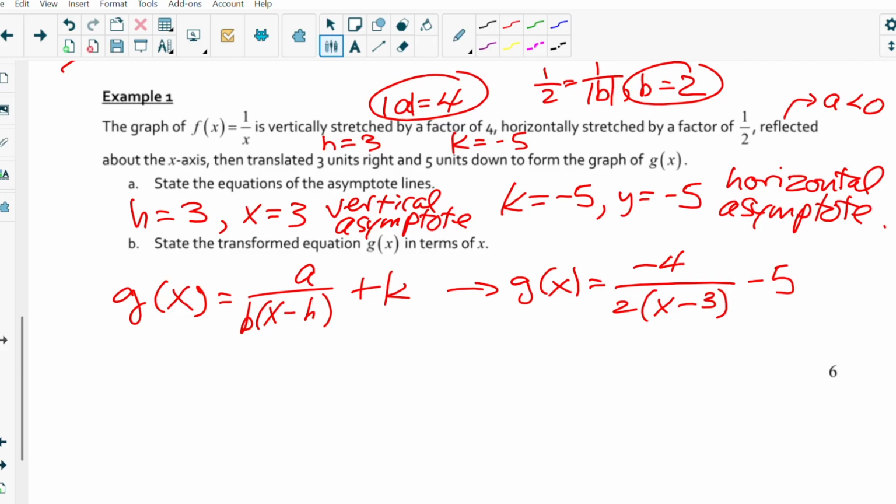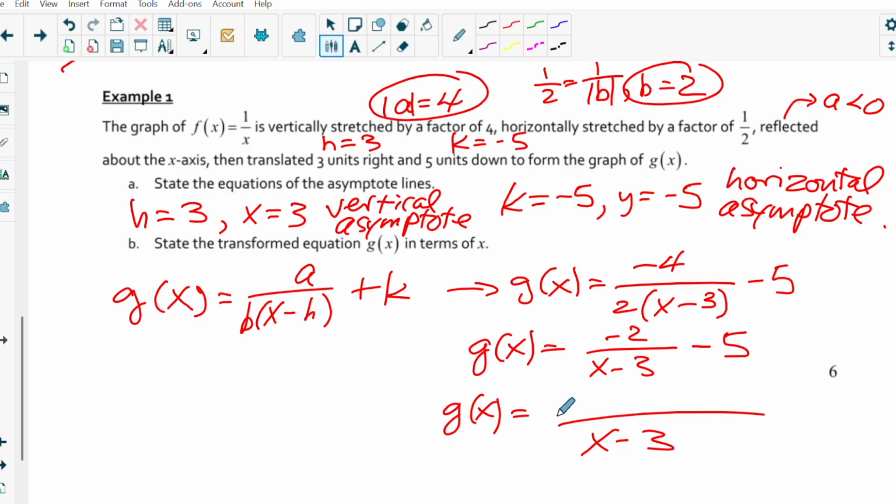Later on, we might ask you to write this as a single denominator. So if we do that, that's -2 over x minus 3 minus 5, and then let's make a common denominator.